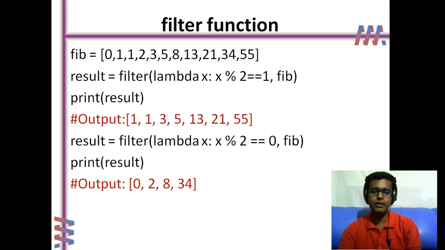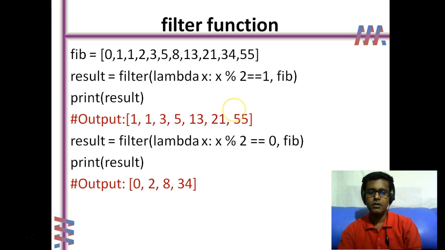Next I am writing a filter function which has a lambda function, comma, the input is my fib list. So what is this lambda function I have written over here? Lambda x colon x mod 2 equal to 1.